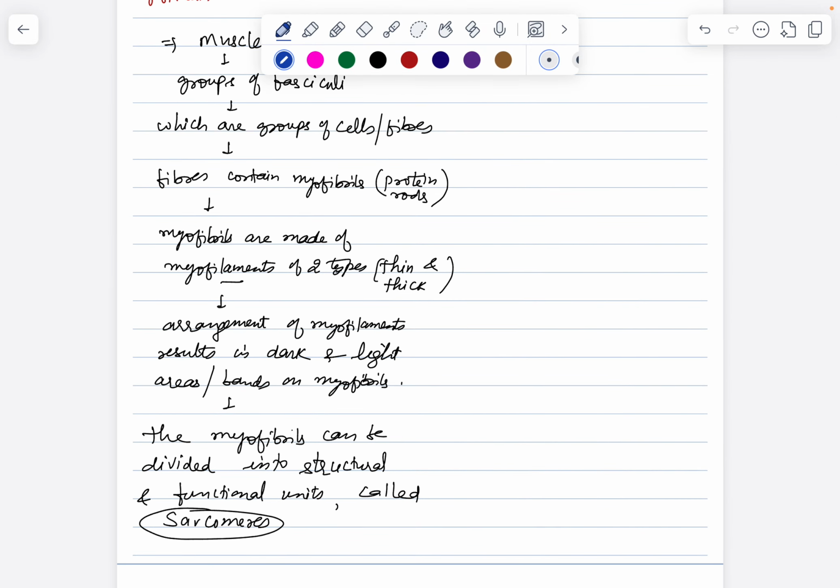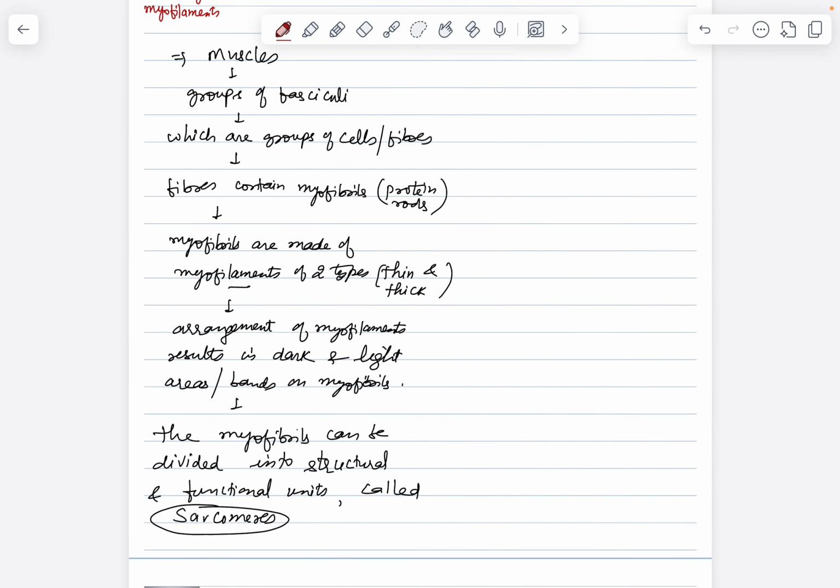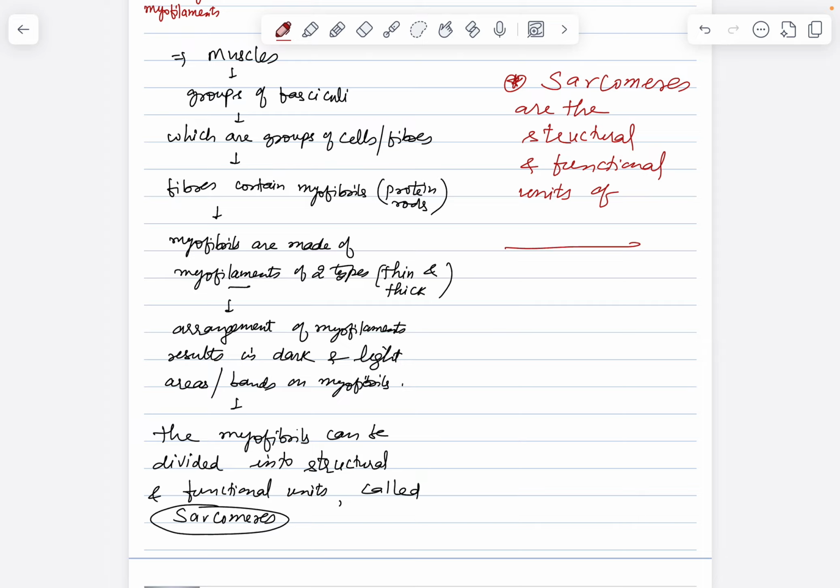So that is what I was trying to tell you a while ago, that if there is any question or anybody who tells you that sarcomeres are the structural and the functional units of what?